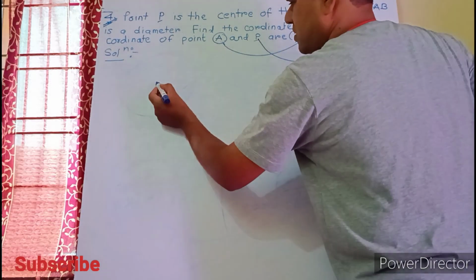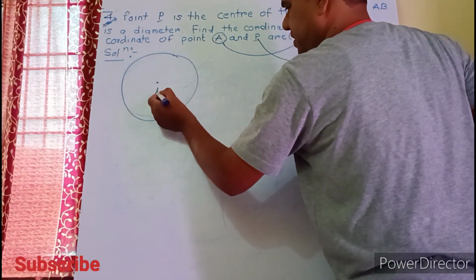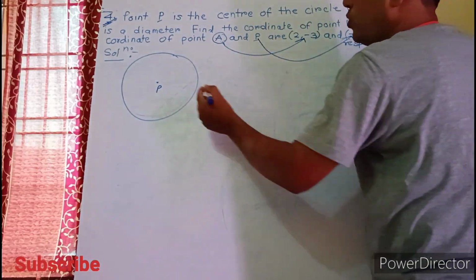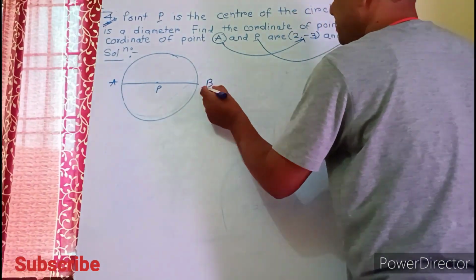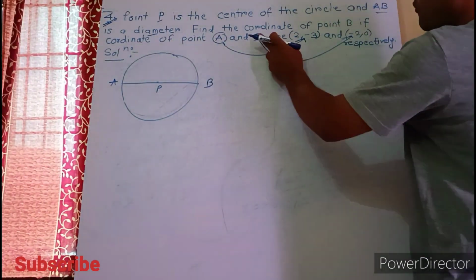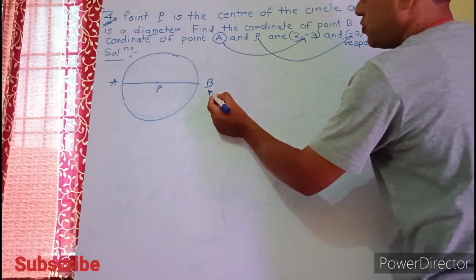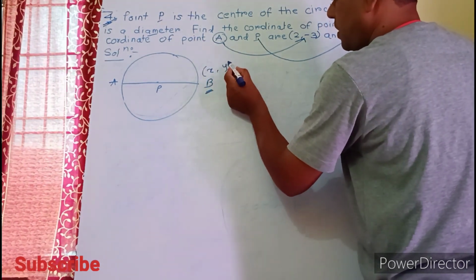Now let us draw a circle which has point P as the center. Consider AB as a diameter, given that AB is a diameter. Now find the coordinate of point B, that is x comma y.